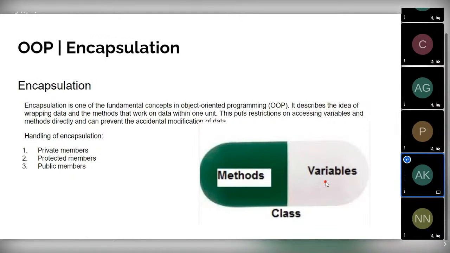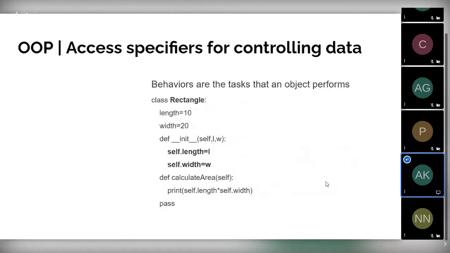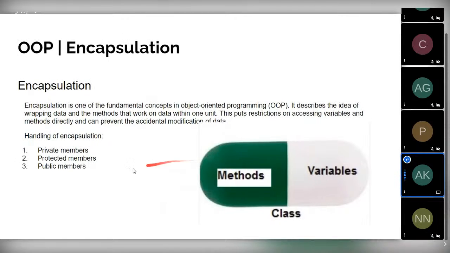I think this image is not giving you any relevant information, but if I give you the example by code, it will be clear. So first I'm going to the first member, that is public members.